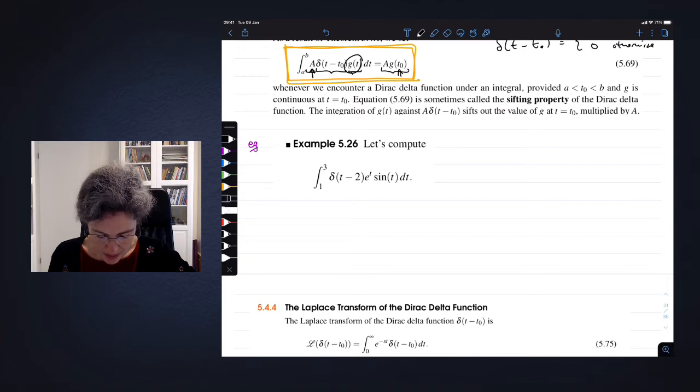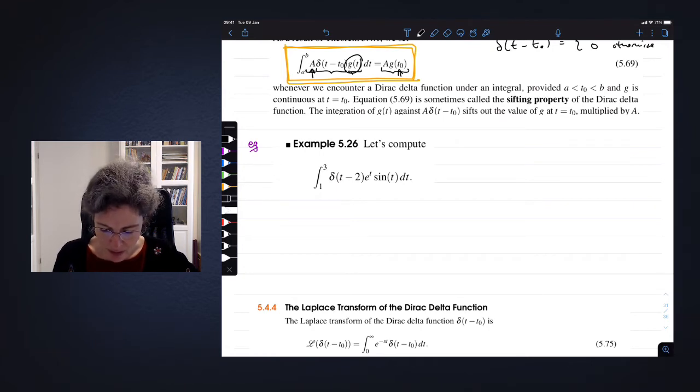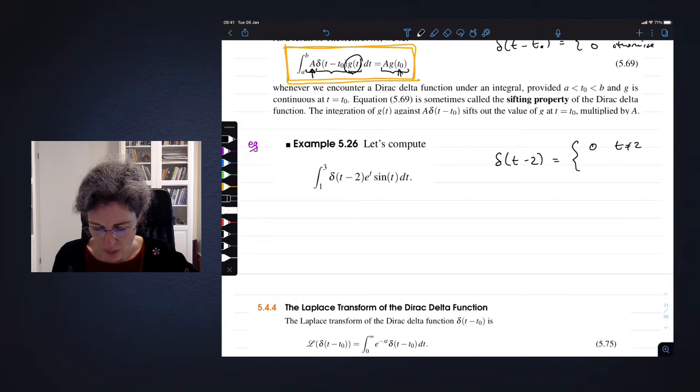So if we have a look at this equation here, we're integrating from 1 to 3, Dirac of t minus 2 times e to the t sine t. And you might look at that and go, I don't want to integrate that. But it's really easy, because remember, our delta function t minus 2 is going to be equal to 0 if t is not equal to 2, 1 if t is equal to 2.